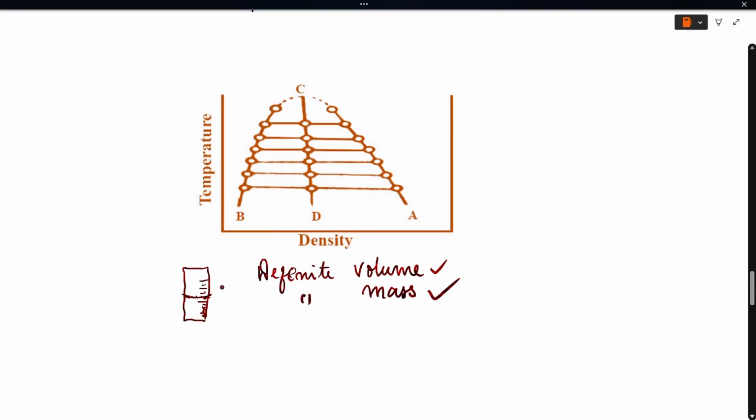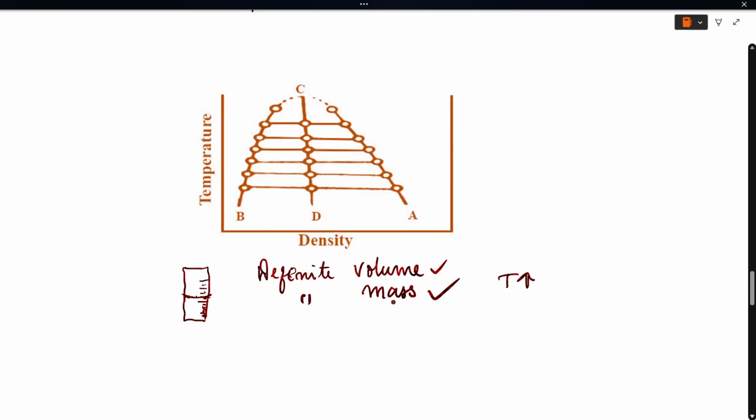Now, what I am going to do is vary the temperature, and when the temperature is varied, the volume of the liquid and gas varies. For example, if I increase the temperature, the volume of the liquid will decrease and the volume of vapor will increase. When I lower the temperature, the volume of the liquid will increase and the volume of gas will decrease.